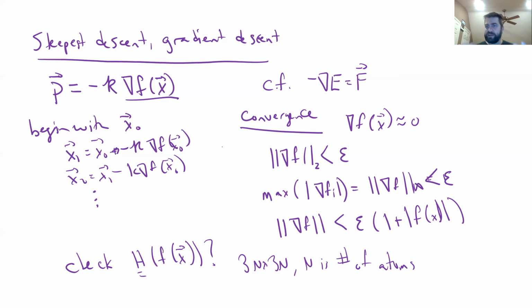More likely, the issue you run into with stopping in the wrong position is that you're on a very, very flat surface that has very little slope to it, and so maybe you're far away from a true minimum, but you've hit the convergence criterion.